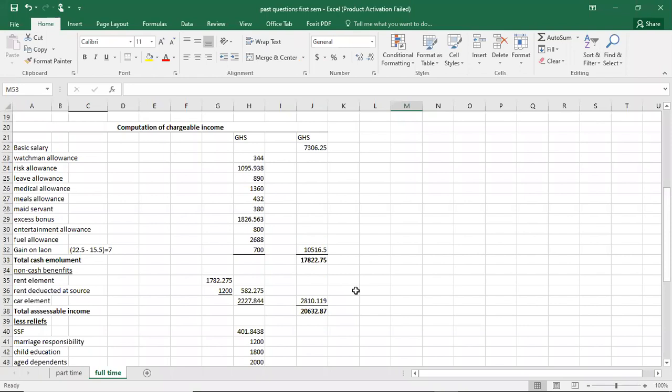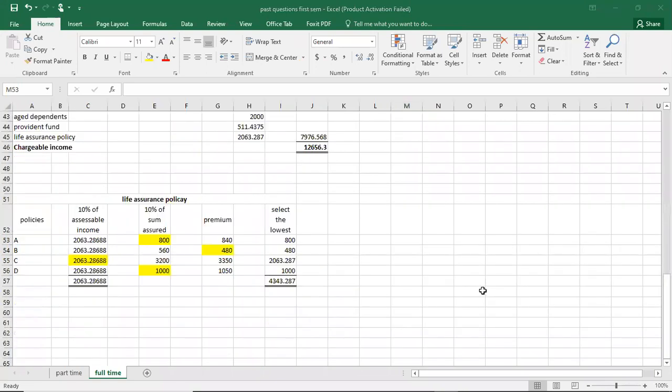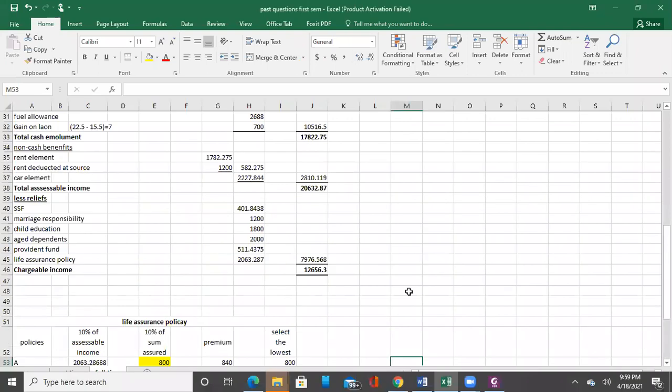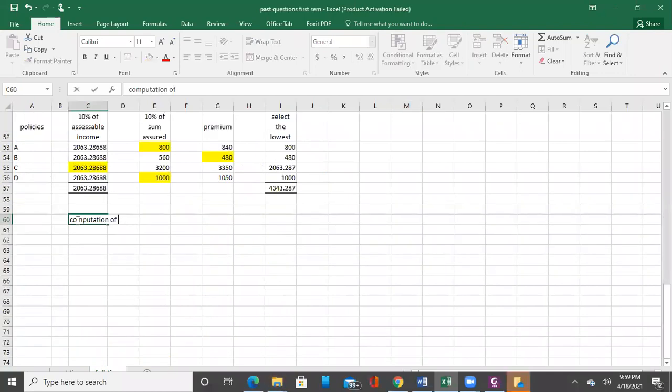Now, the next thing you are to do is to calculate your tax liability. So we are going to calculate our tax liability. So computation of tax liability.